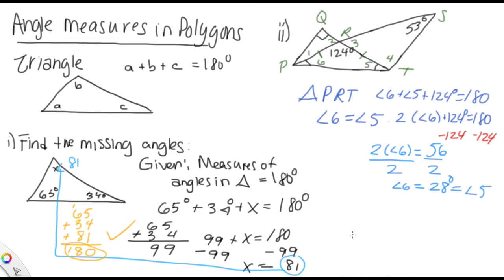Now let's look at angle QRT. Angle QRT is called what kind of angle? It's straight across, and it has a vertex. It's a straight angle, and it equals 180 degrees.